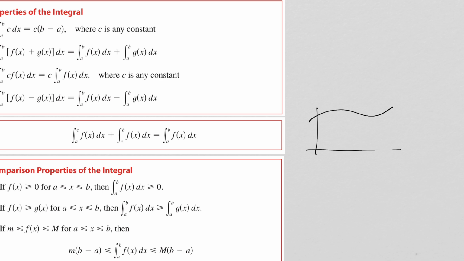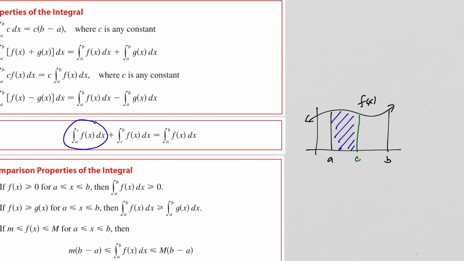So simple concept here, suppose you have a function f of x defined on a and b, and for simplicity, let's say that c is somewhere in between a and b. When you take the integral from a to c, you are finding the area under the curve from a to c.